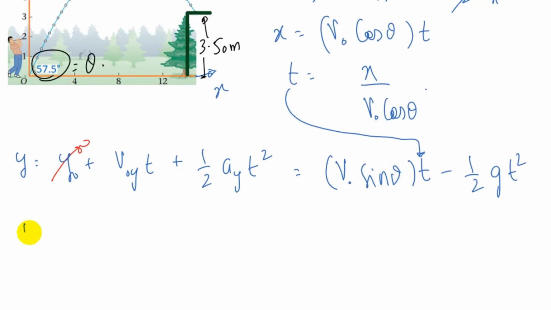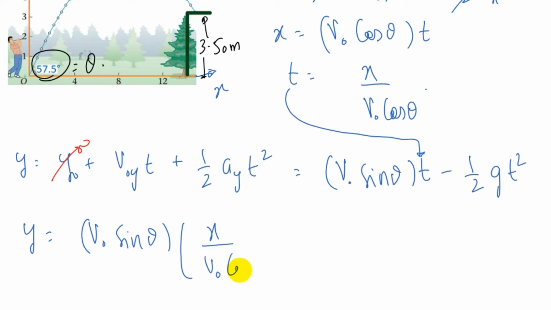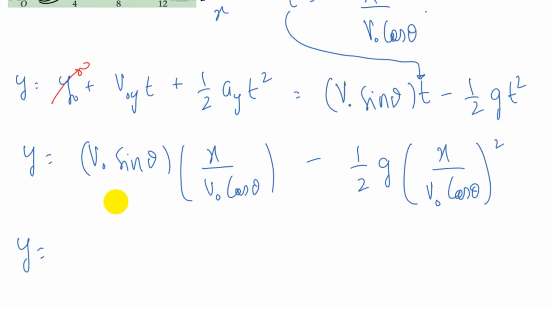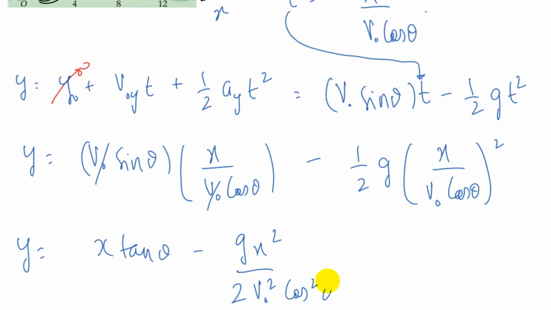So y equals v0 sine theta times x over v0 cosine theta, minus 1 over 2 g times t square, where t square is x over v0 cosine theta whole square. Now further, the v0 and v0 will cancel out, and we'll get y equals x tangent theta minus g x square over 2 v0 square cosine square theta, right?